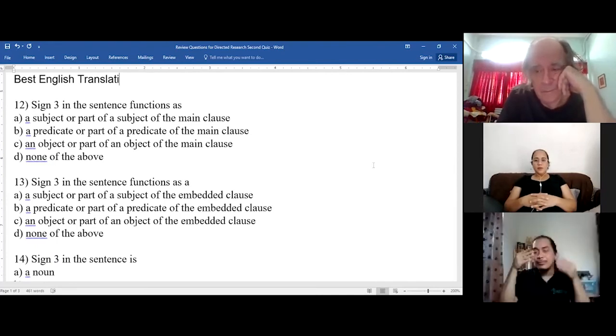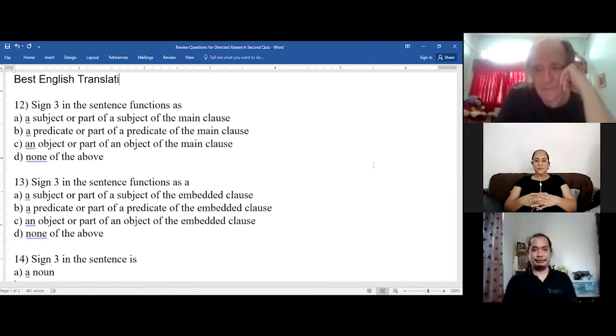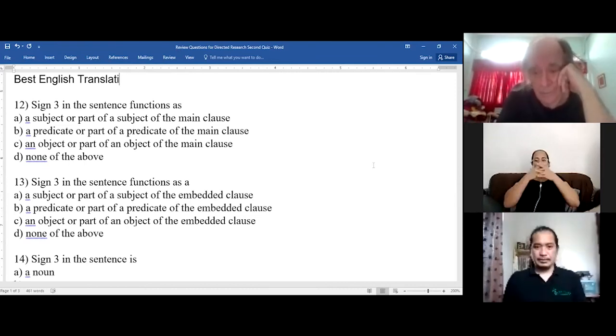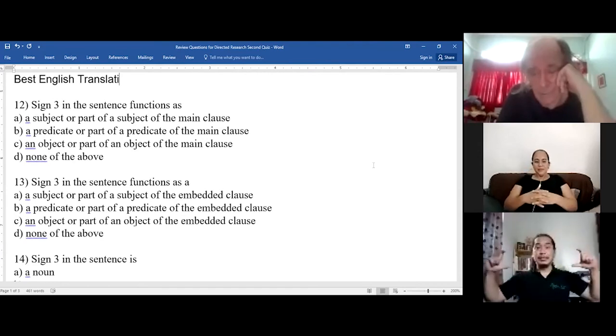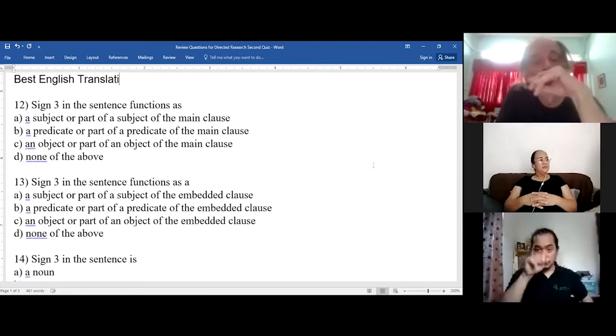You're jumping ahead a little bit. Let's focus on one thing at a time. And I think it's just adding a little bit of confusion for you, Meng. Are you still confused though? Okay, this is Meng. The main is the big one. The embedded is within, but the third sign is together, right?